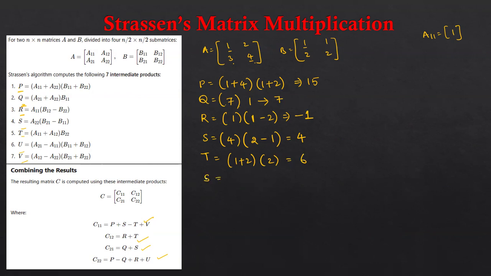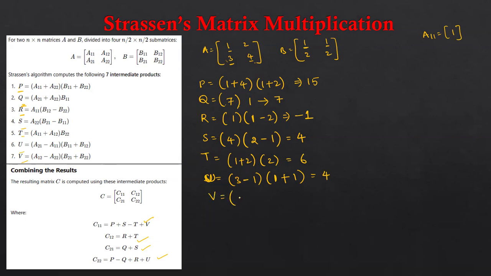What is U? A21 minus A11, this one, into B11 plus B12. So 2 times 2, 4.